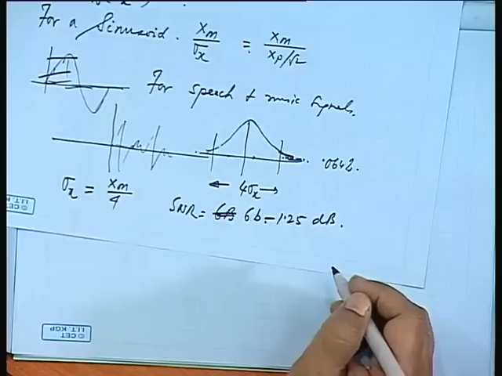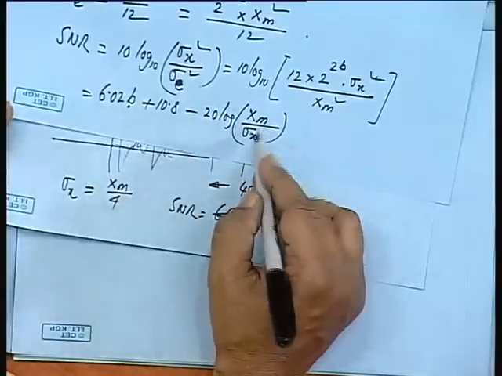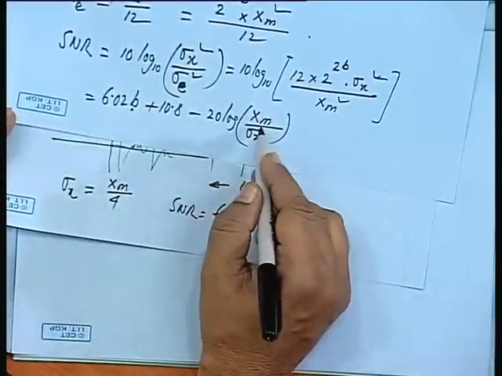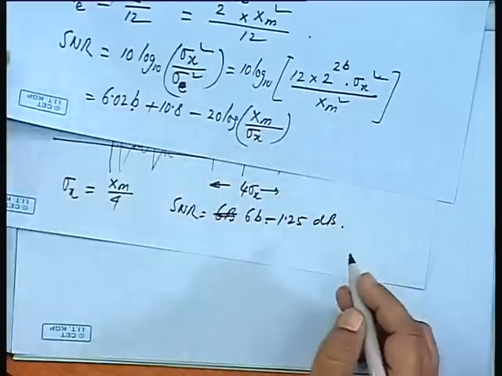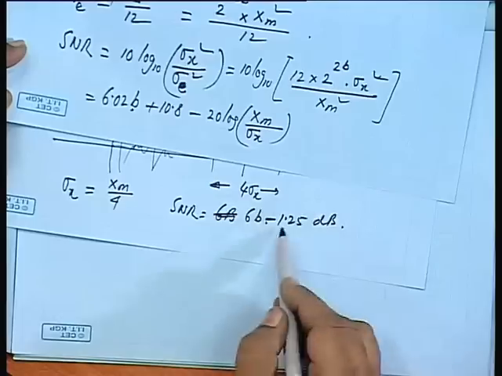So that is coming from here. Xm by sigma x is 4, so 20 log of 4, log of 4 is 0.6, so 20 times 0.6 is 12, so minus 10.8 minus approximately 12, that gives me this.